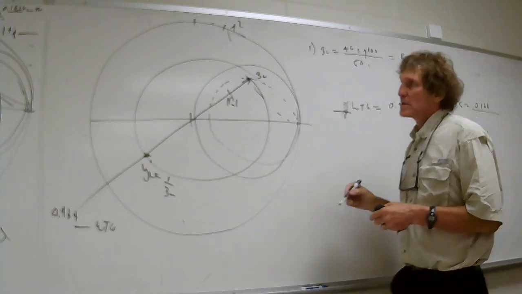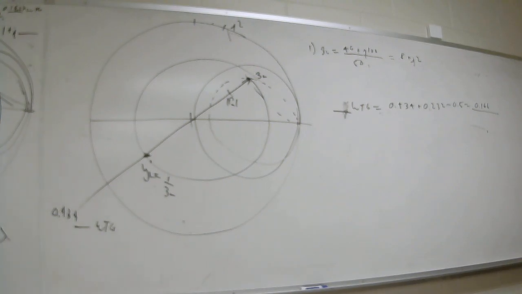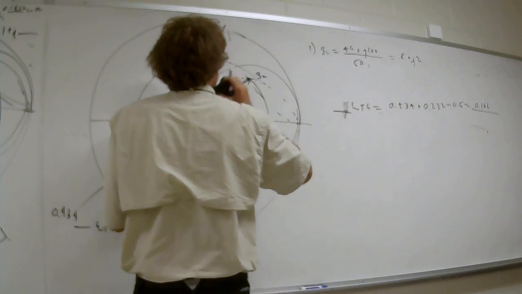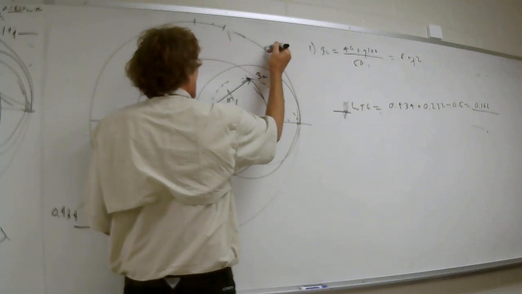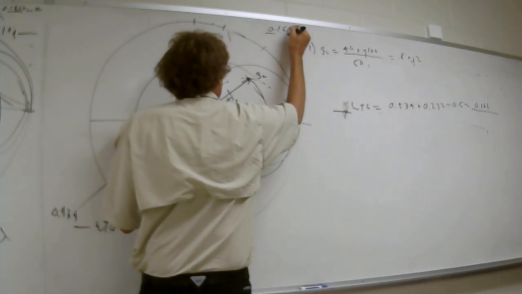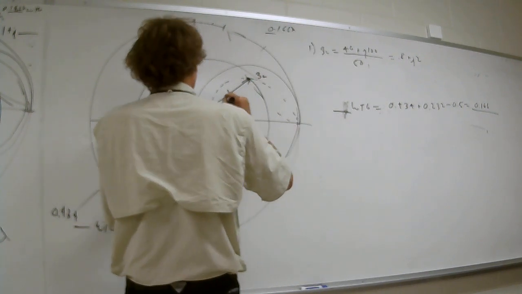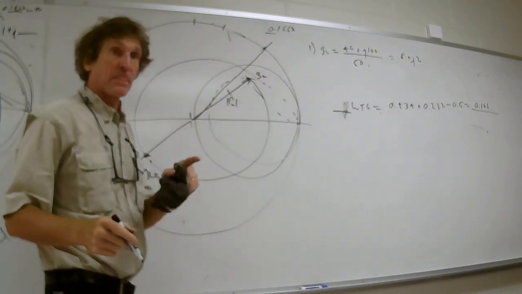0.166. So that is about here, is that right? Yeah, more or less. So this is 0.166, something. I'm just trying to estimate this. So you shoot a line through there, right?